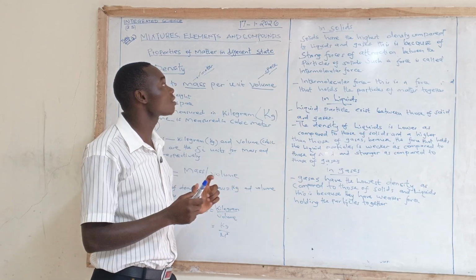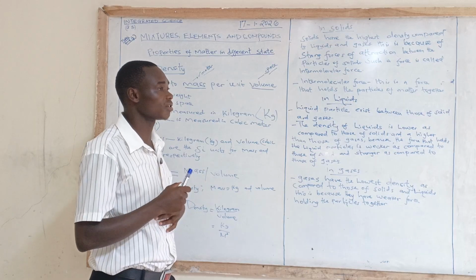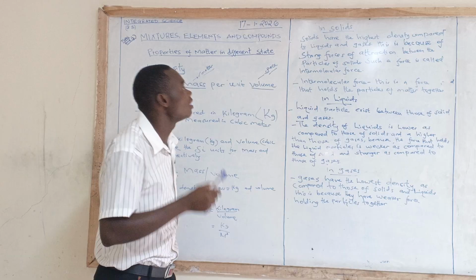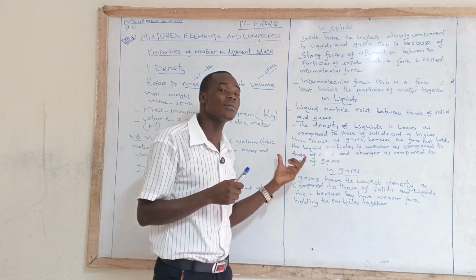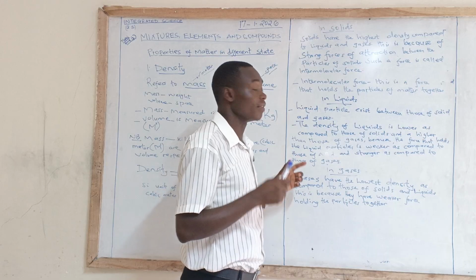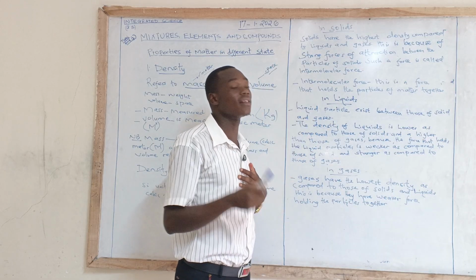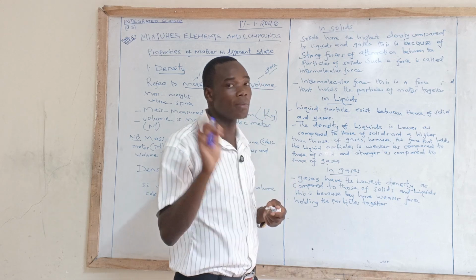Those particles in solid are strongly held by forces of attraction. An example of such forces that hold the particles together is intermolecular force. And then look at liquids. The forces of attraction are weak compared to those of solid, and they are strong as compared to those of gases. Bye bye.